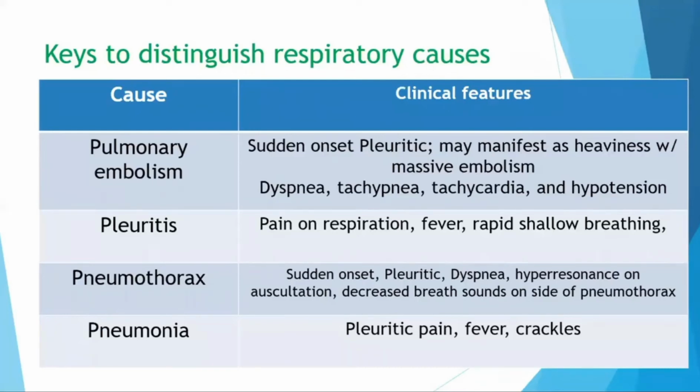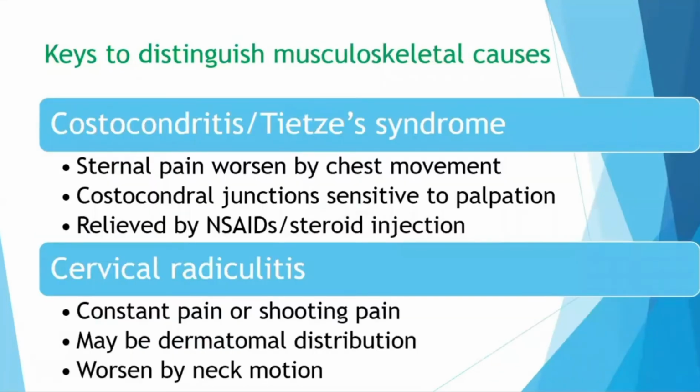Pneumonia, pain is pleuritic in nature, associated with fever and crackles. Musculoskeletal causes include osteochondritis, where the external pain is worsened by chest movement, osteochondral junction sensitive to palpation, and relieved by non-steroidal anti-inflammatory drugs or steroid injection.